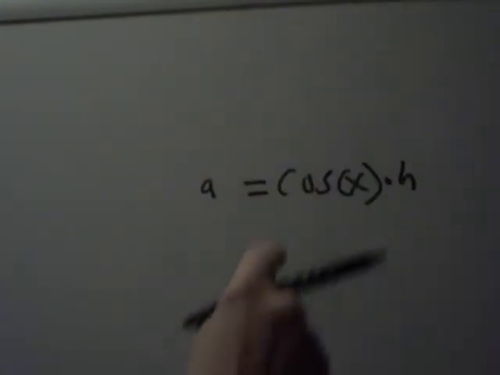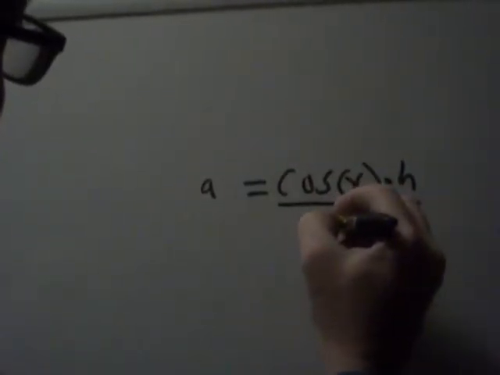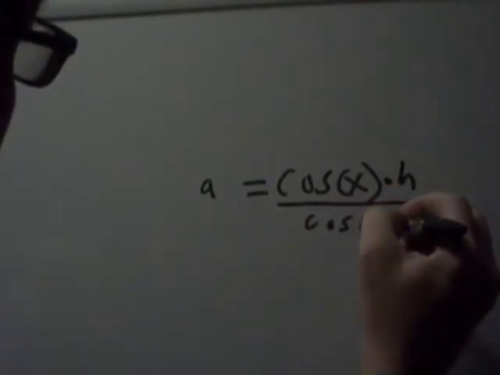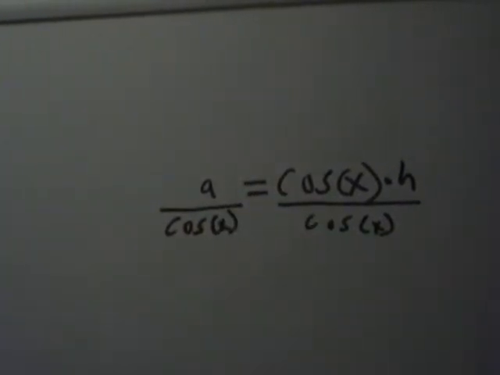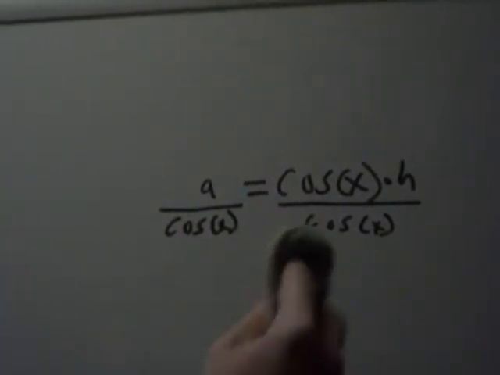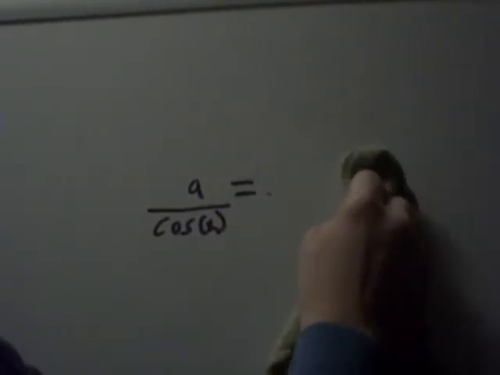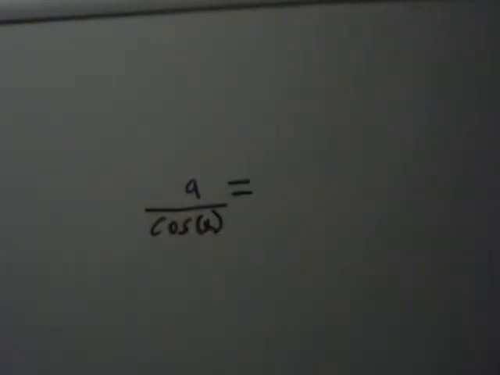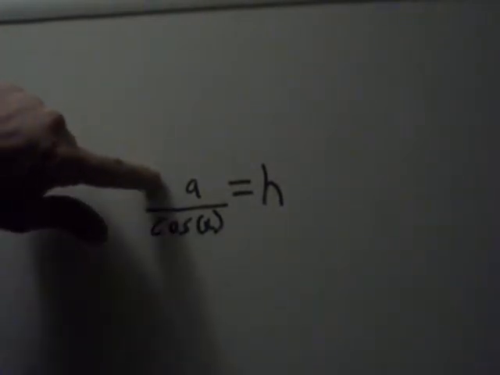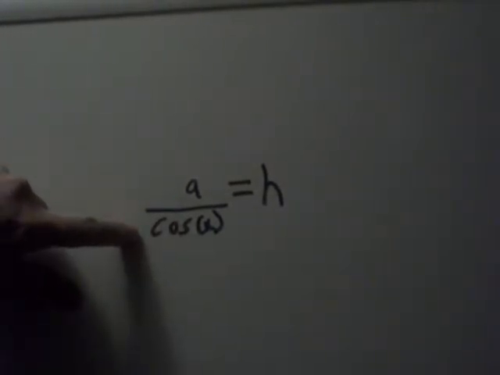Now, we have to get this cosine of X over here. Once we do that, and we eliminate this, what we have here is the length of the adjacent side divided by the cosine of X.